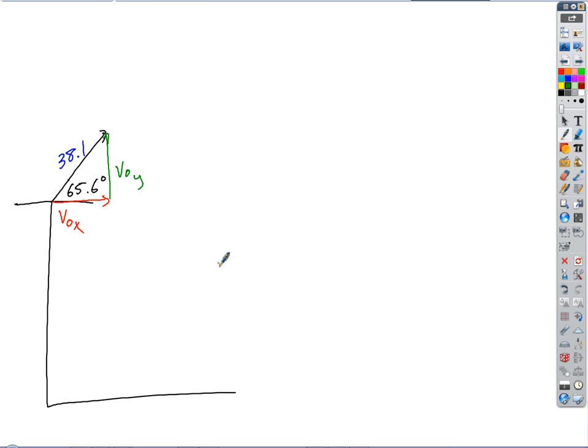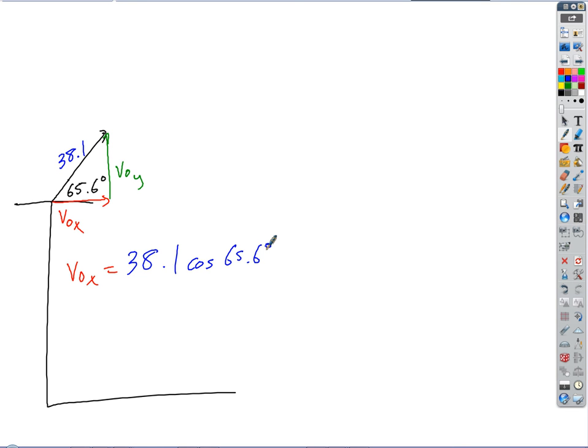If I want v naught sub x, we take the original 38.1 and multiply it by cosine, because it's an adjacent side. So 38.1 cosine of my angle, 65.6 degrees.